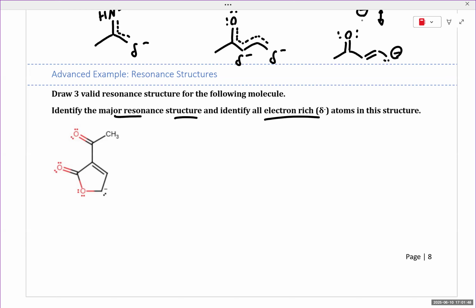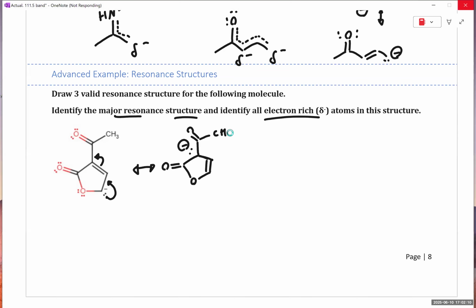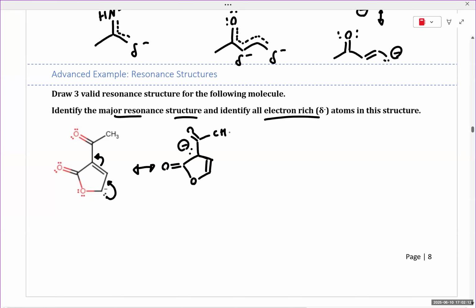Okay, so first and foremost, again, we have a lone pair next to a pi bond, so we can redistribute that lone pair to generate a new pi bond, and in turn, from here, we can take that same lone pair, push it down to generate a new pi bond and a new lone pair.